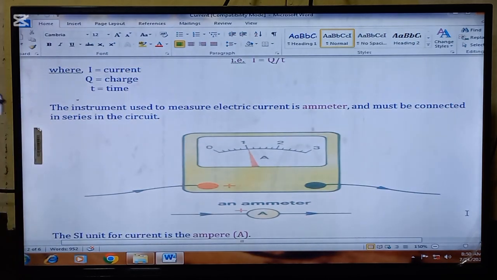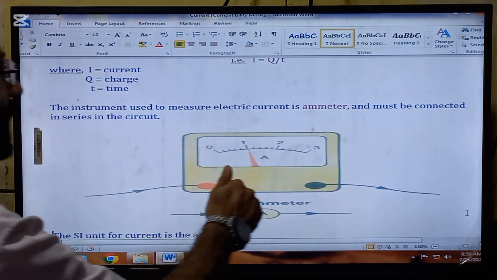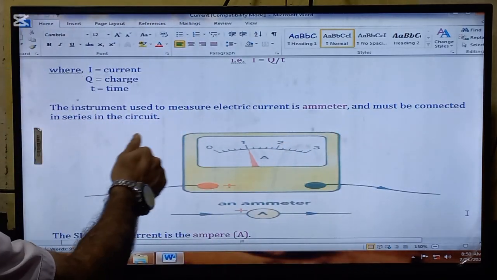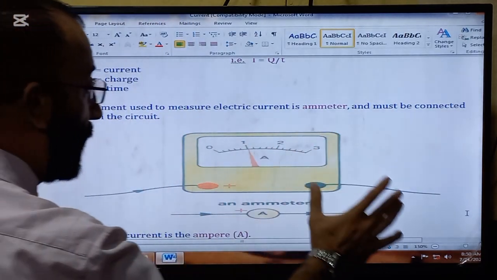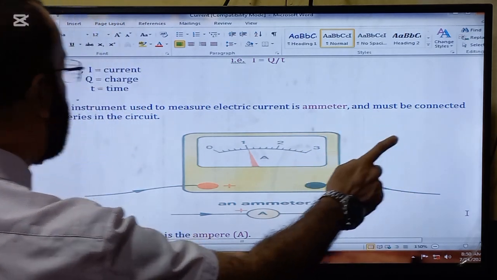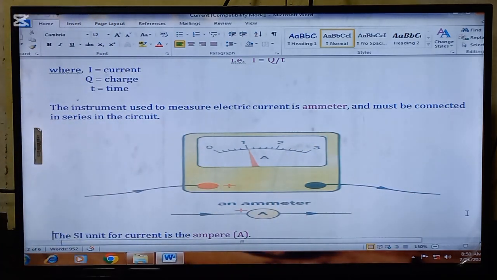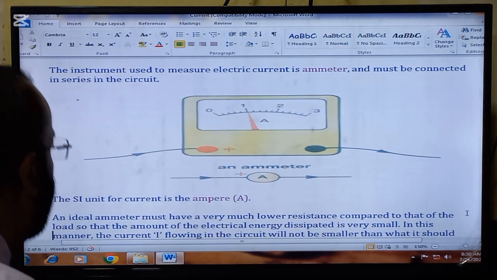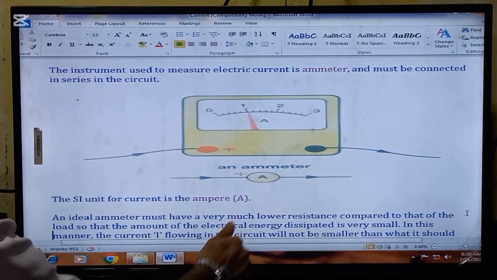The instrument used to measure electric current is the ammeter and it must be connected in series in the circuit. This is another point to be remembered. The SI unit for the current is ampere.